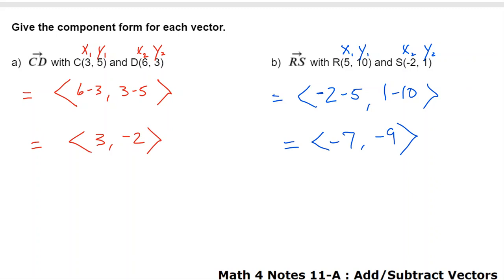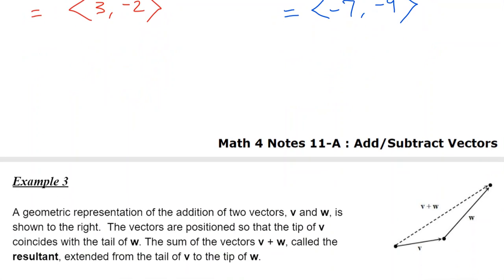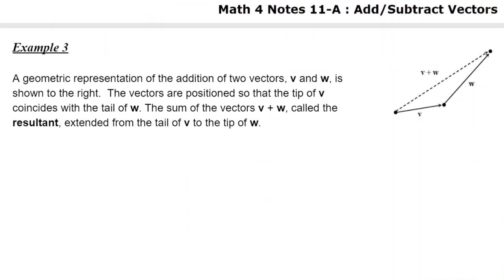And that is the direction and the magnitude. Well, I don't have a magnitude. I'd have to do 7 squared plus 9 squared and take the square root of that. But it is involved in the distance formula. All right, let's move on to this.